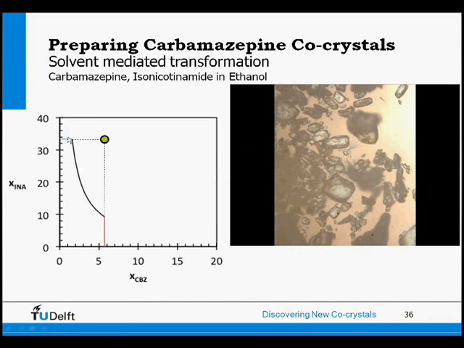You can also add isonicotinamide crystals, and then you get this composition. And the moment you add ethanol, the crystals will start to dissolve and concentration increases, and you will enter the co-crystal region, and you get supersaturation towards the co-crystal, while you get undersaturated solution towards the pure components.